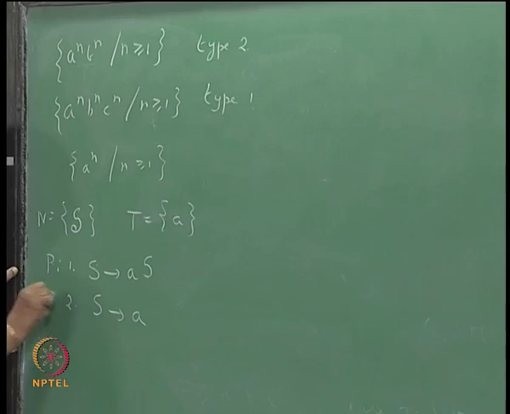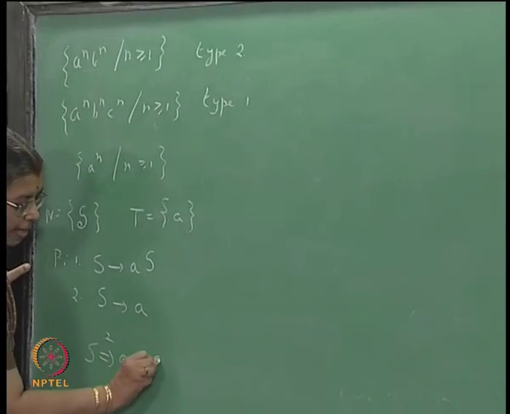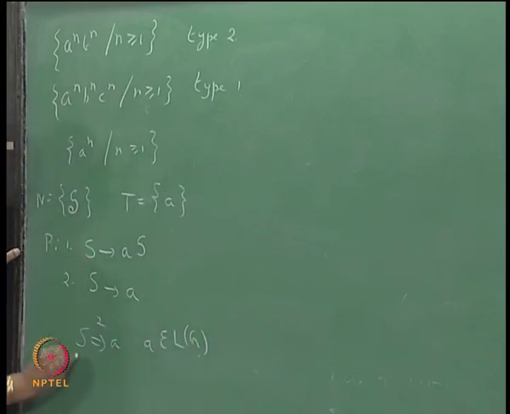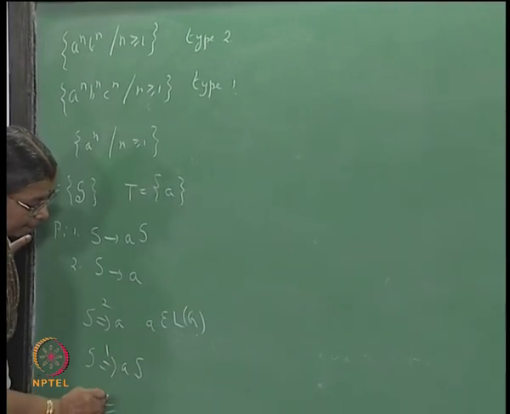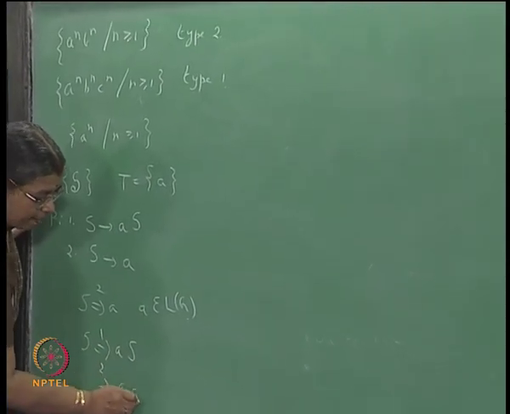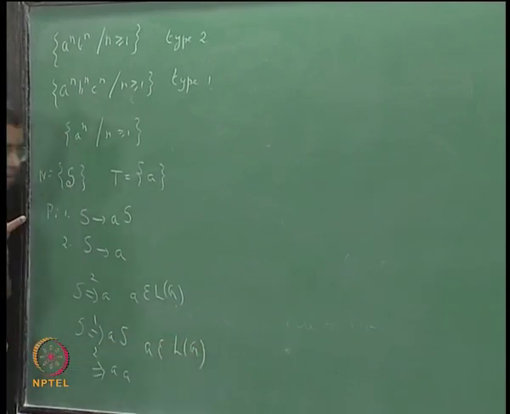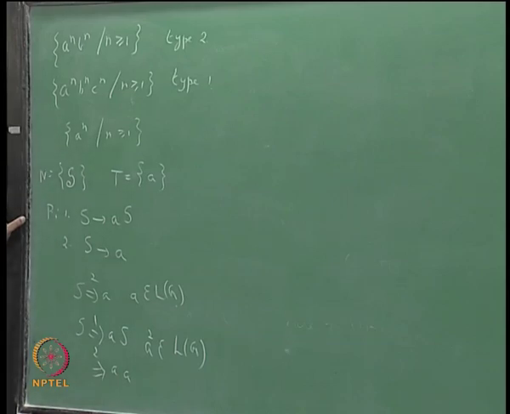With this you can see that applying the second rule alone you generate a, applying rule 1 and then applying rule 2 you get aa, and so on, aa belongs to L(G).